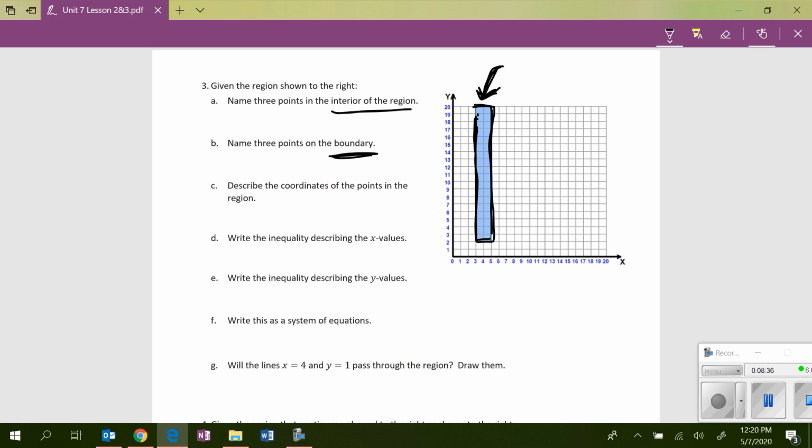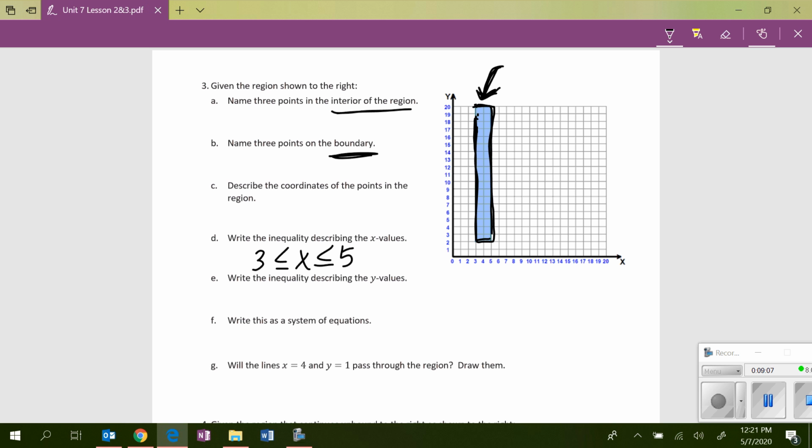Writing the inequality, describing the x values. So here we have some bounds. We can't go more than 5 on my x-axis, and we can't go less than 3, meaning x is in the middle, being less than or equal to 5 because I had a solid line on my bounds and not a dash line, and greater than or equal to 3.